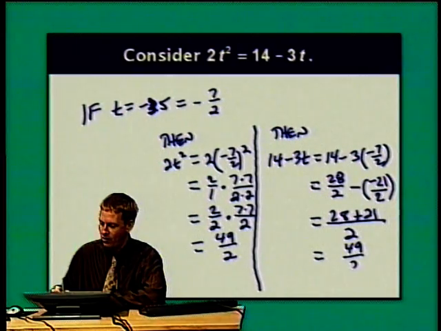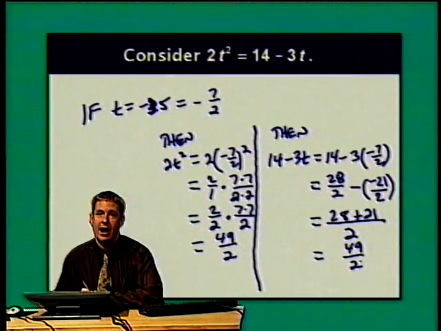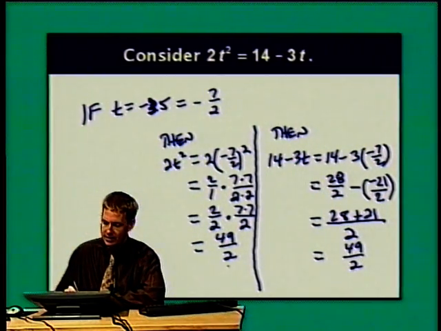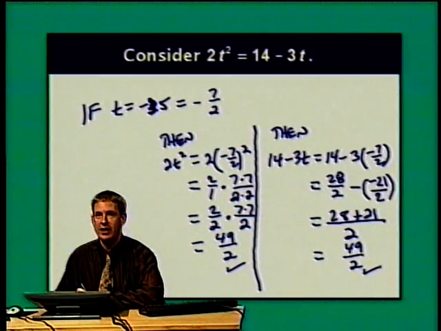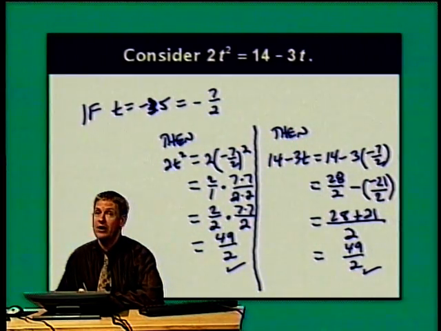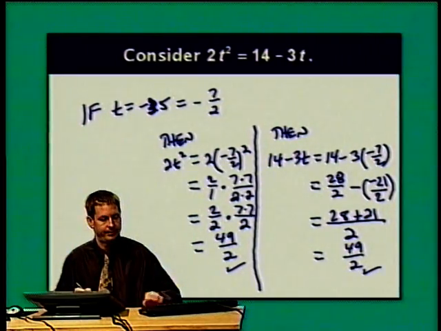This is happening over a denominator of 2. And yes, indeed, when I replace t with negative 7/2, the expression on the left side of my equation and the expression on the right side evaluate to the same number, specifically 49/2.